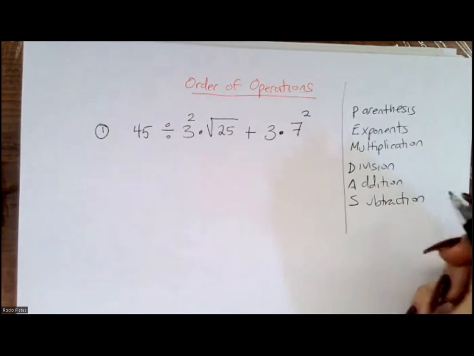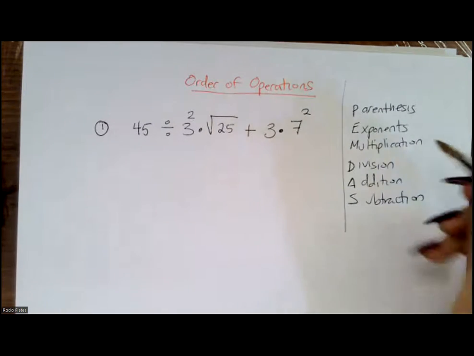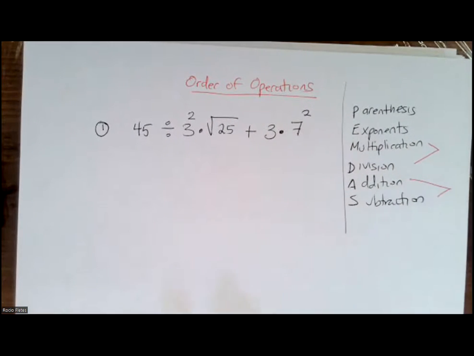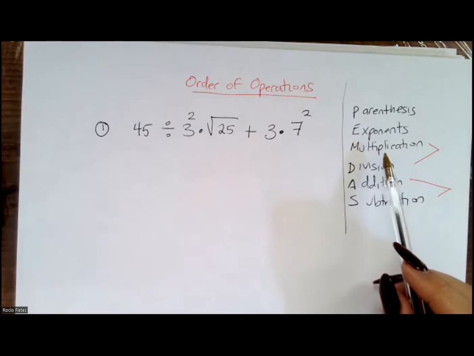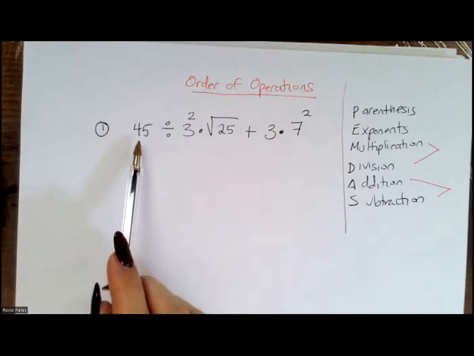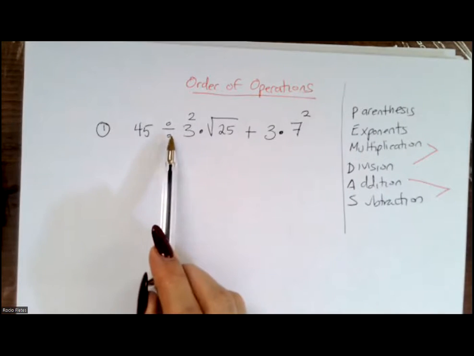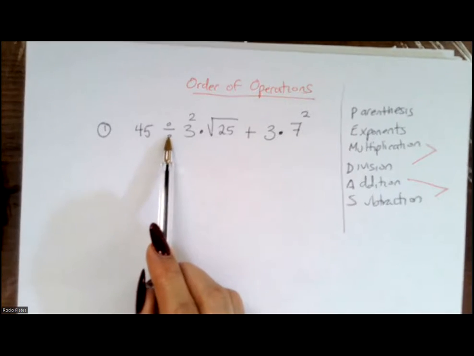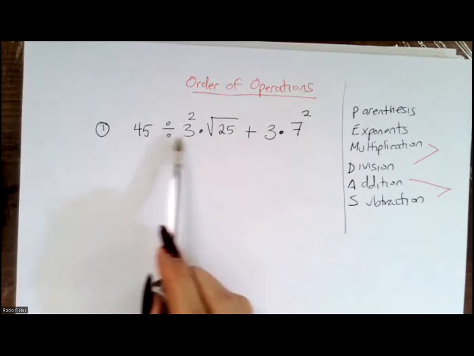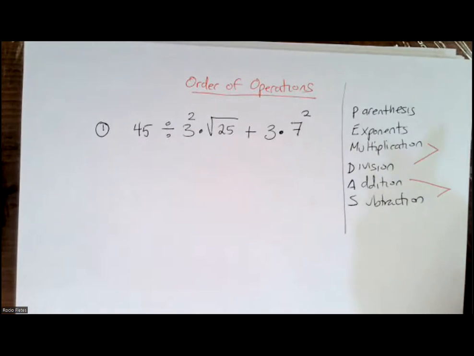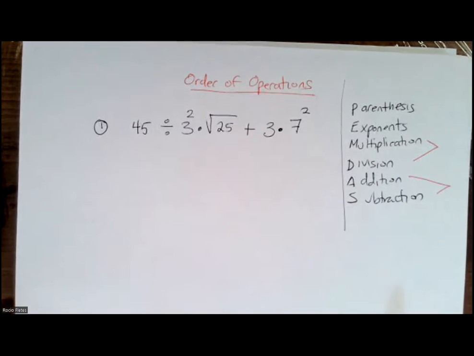Now, which one from multiplication and division and from addition and subtraction do you do first? The one that shows up first from left to right. Okay, so when you read the problem from left to right, if division, like in this case, division comes before multiplication, then you do division. But if multiplication comes before division, then you do multiplication, right? The same thing with addition and subtraction, so the order matters.